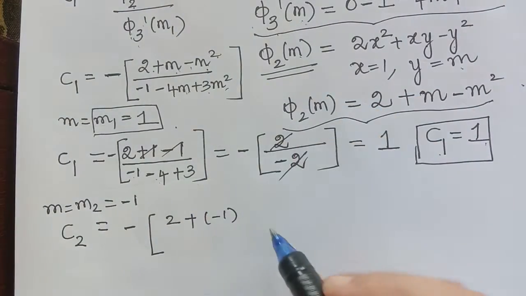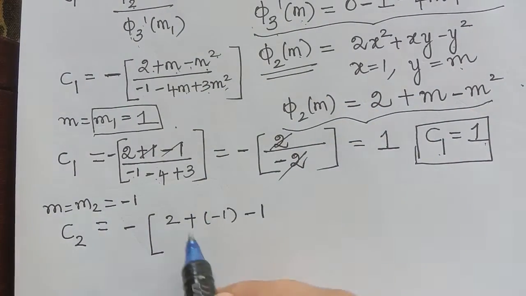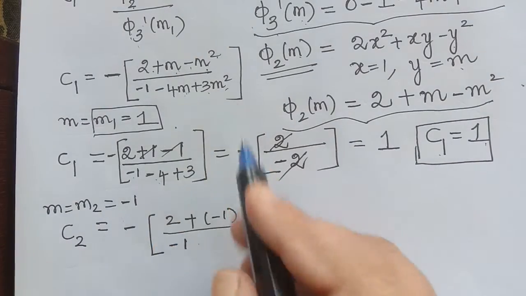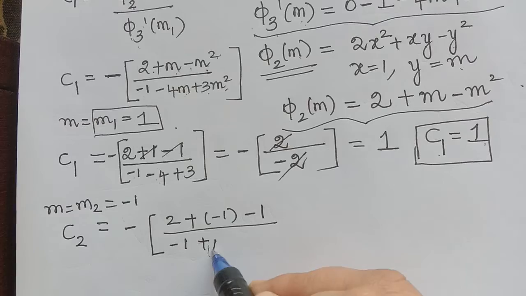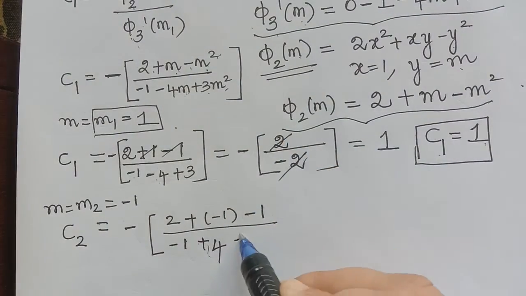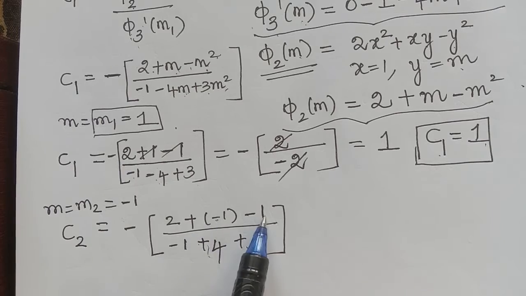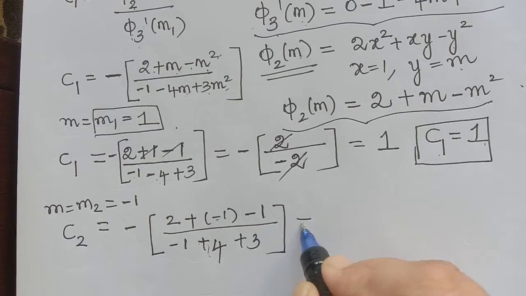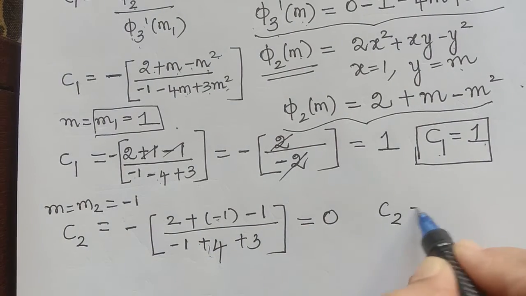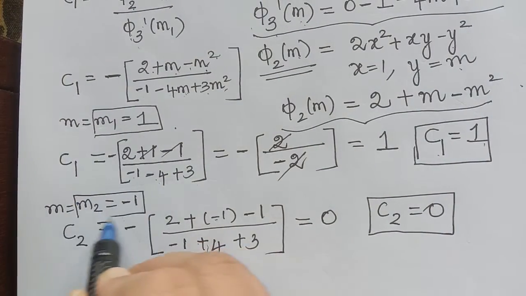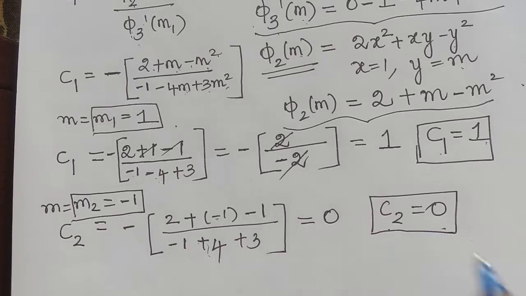Minus 1 square will become plus, so minus 1 divided by minus 1, and here when you substitute minus 1, it becomes plus 4, and minus 1 here, it is 3. Now in the numerator, 2 minus 1 will become 0, and therefore the value of C2 is equal to 0. So when M2 is equal to negative 1, the value of C2 is equal to 0.